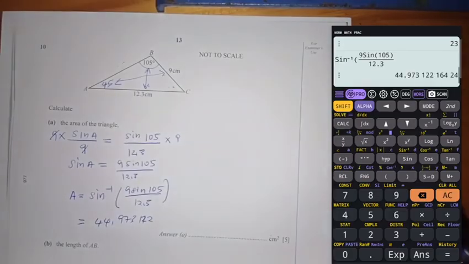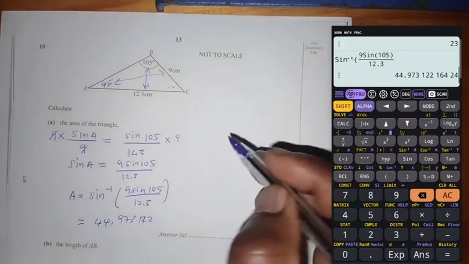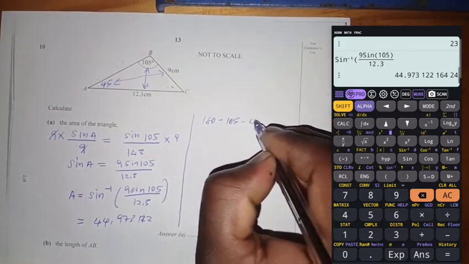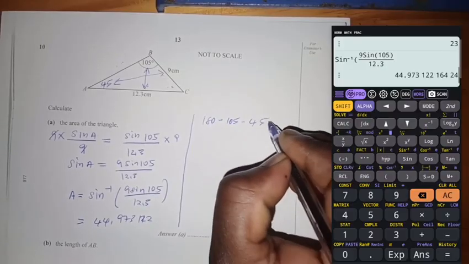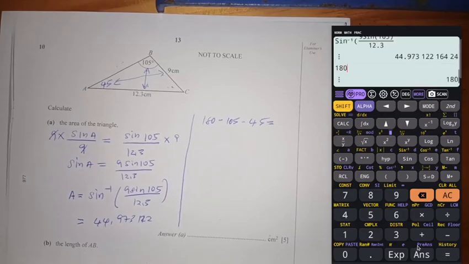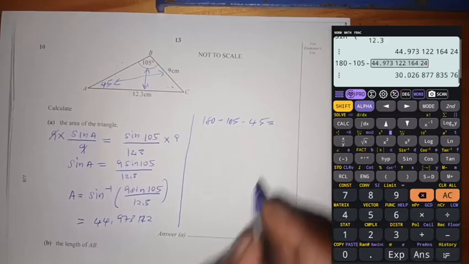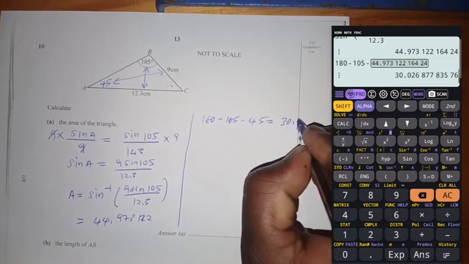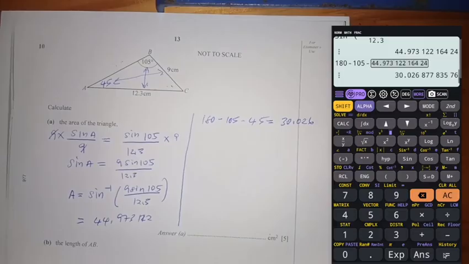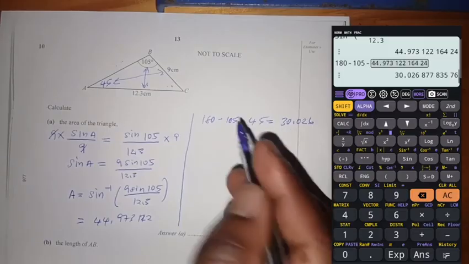So this angle here, if you round that one off, is 45 degrees. Then the third angle is going to be 180 minus 105 minus the 45 degrees. Well, I'm going to use the unrounded answer there. So I'm having 180 minus 105 minus the 44.97, which gives me 30.026. I'm going to use it as it is without rounding off.